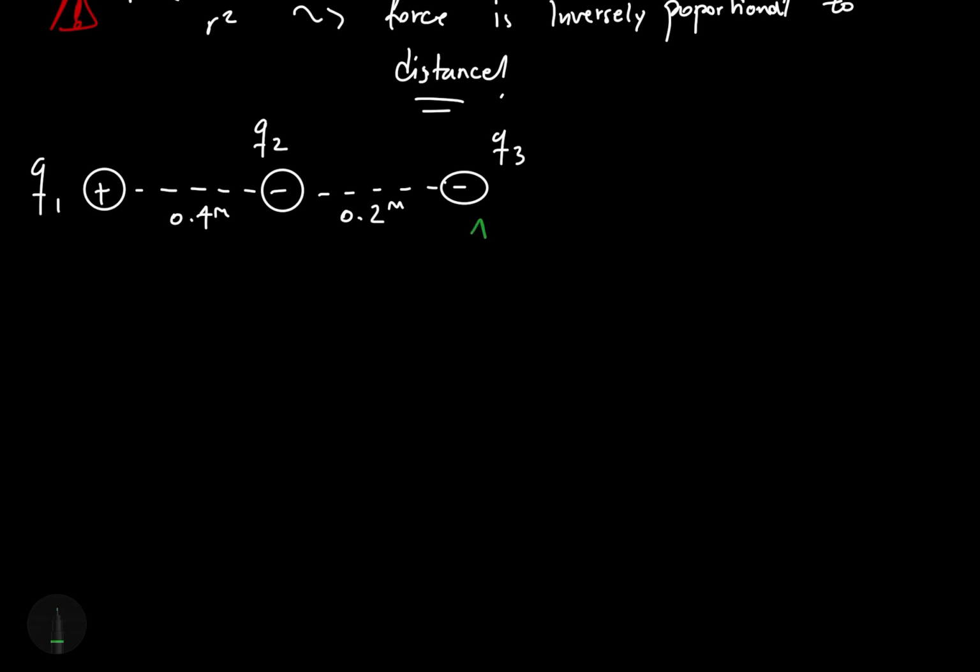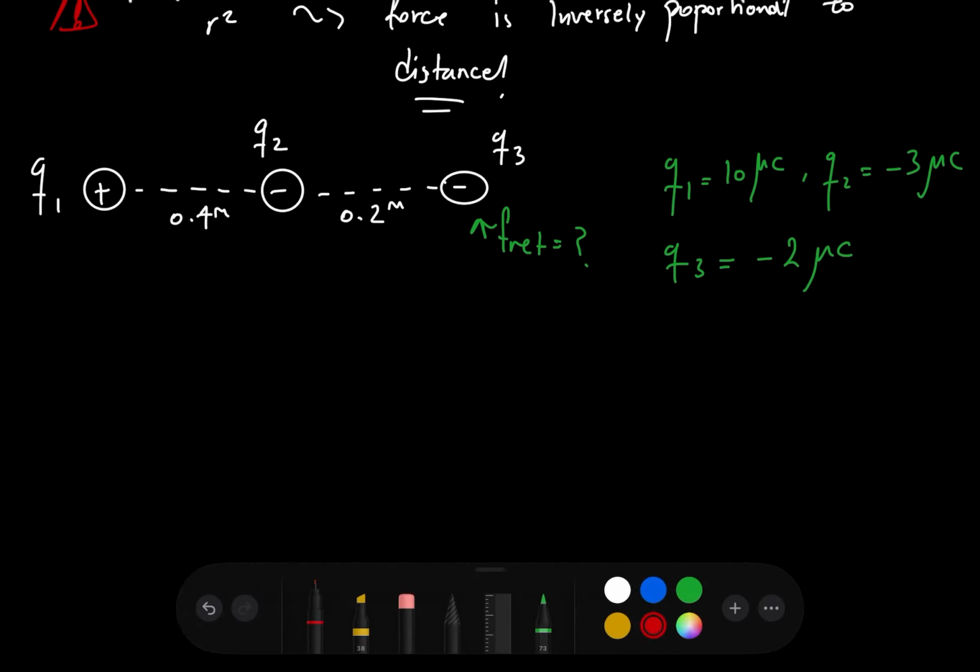And if I ask you to find the net force, or F net, on the third charge, here's what you have to do. Let's say Q1 is 10 microcoulombs, Q2 is -3 microcoulombs, and Q3 is -2 microcoulombs. How can I find the net force acting on Q3?